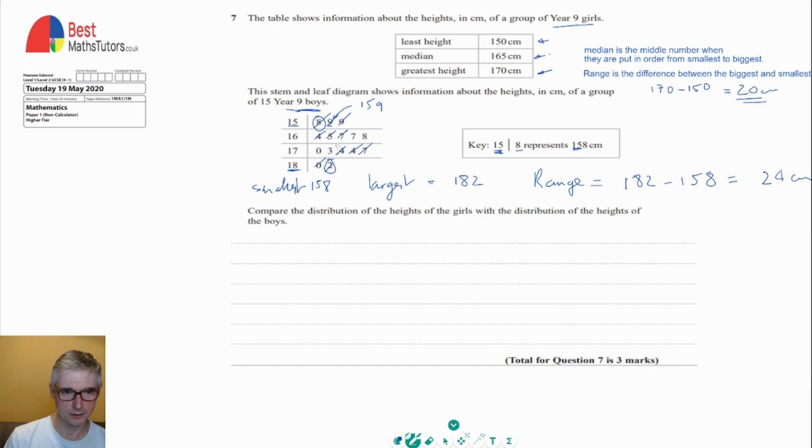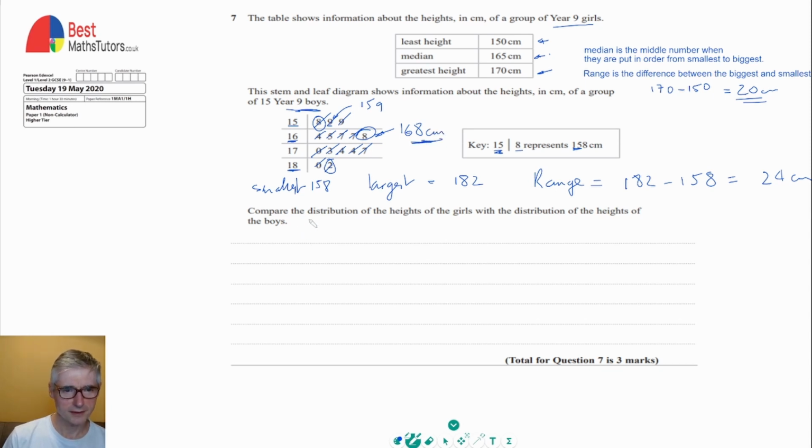So there we go, and we're left with this 8 there. That's the middle number, and that's the median for the boys. From the way the stem and leaf diagram works, that means that's 168. So that 8 there represents 168 centimetres.